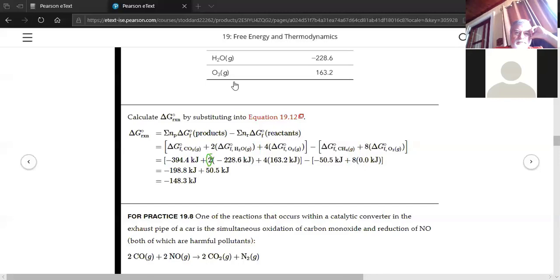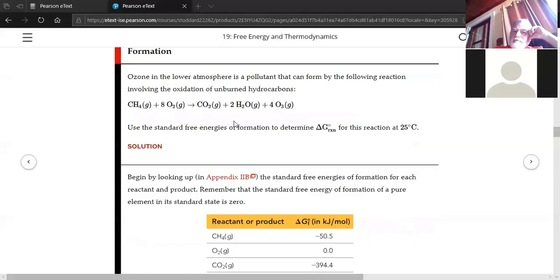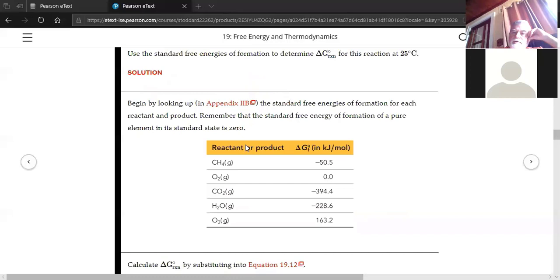H2O. In the chemical equation up here. Yeah, H2O. I know that's what you meant, but yeah, in front of the H2O, there's a 2. Right, in the balanced chemical equation. And then ozone has 4, so the coefficient's going to be 4. Exactly. And the 8 for O2, but O2 is 0 anyway.